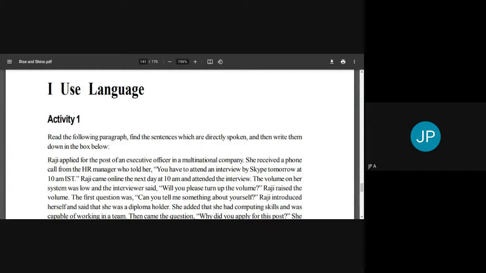So, this session we take up a new topic. This is from module 4, the last module. You can find this on page 127 of your textbook. Page 127 of your textbook.